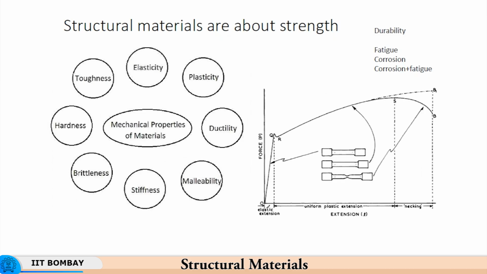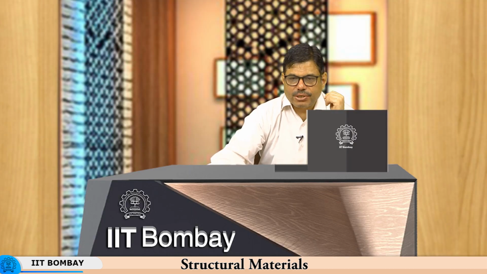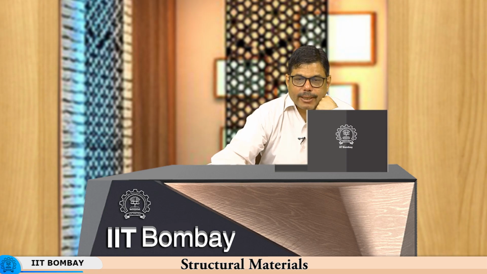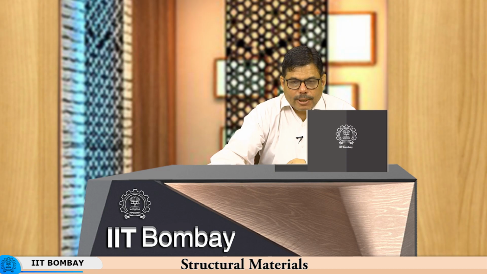Earlier expressions were qualitative in nature, elasticity, plasticity, these were all qualitative, but now we are talking about quantifying them. The resistance to deformation is essentially the force or the stress, and the stress per unit strain in the elastic regime is called the Young's modulus.